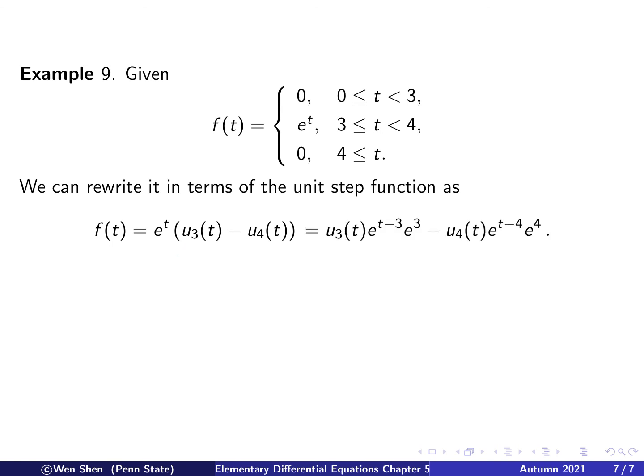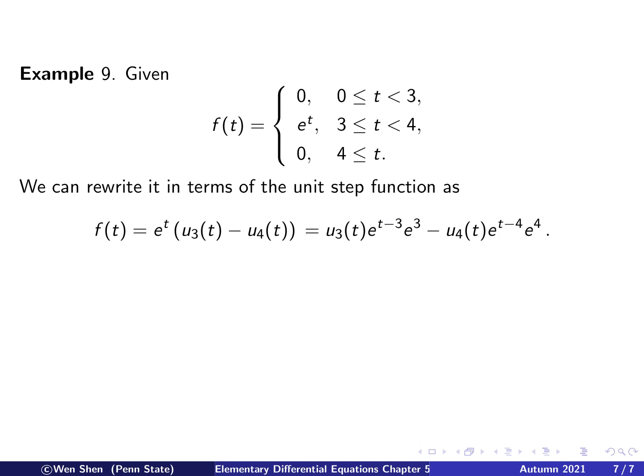Okay, and now we can distribute the e to the t into each of these step functions, and then we'll have e to the t times u_3 of t. And if we want to treat this as a shifted function, then we would rather write it as a function of t minus 3, right?